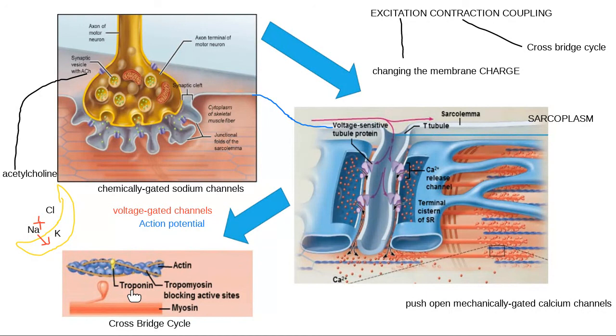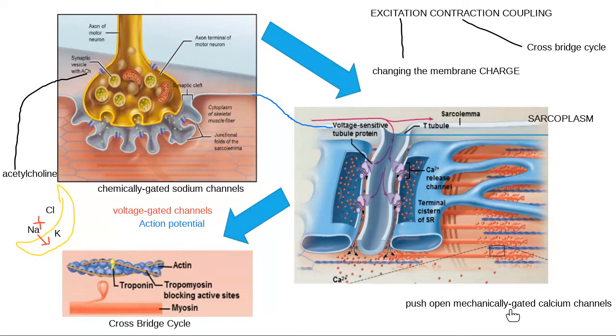Yeah, so Alapina asked whether or not it goes into the T tubules. The calcium does not go into the T tubules. The calcium is going to go into the cell. So there's this little space you can kind of see here. The T tubules have a protein that pushes on a channel that allows calcium to go into the sarcoplasm of the cell.